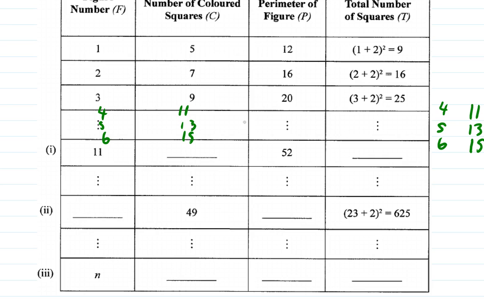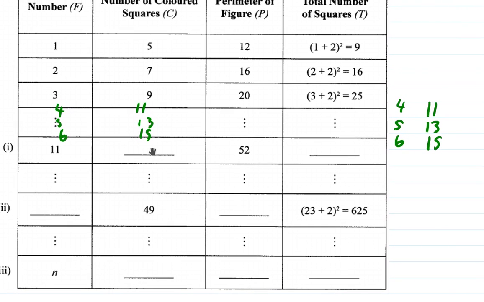But let us see how we could generate these numbers otherwise. If you have 1 and then you have 5, you would say 1 plus 4 equals 5. What about the 2 and 7?